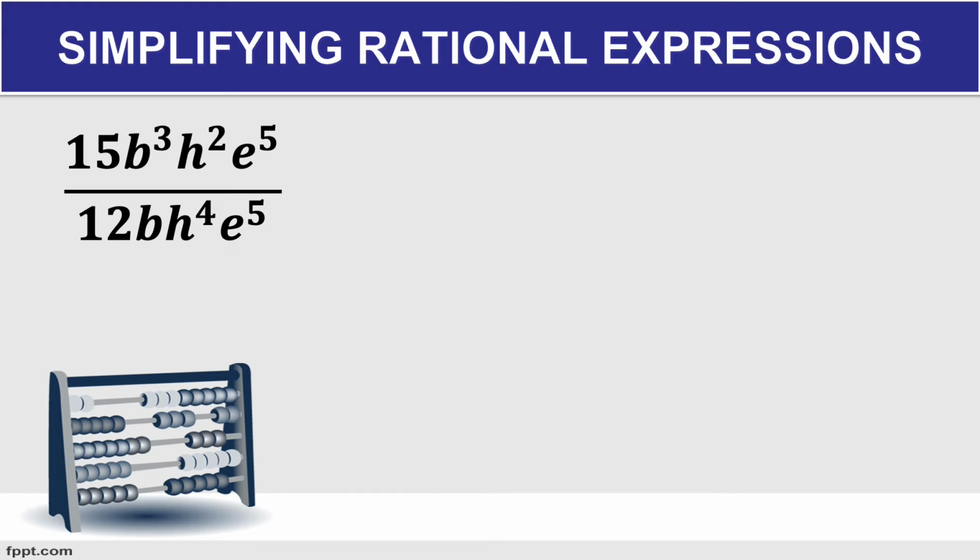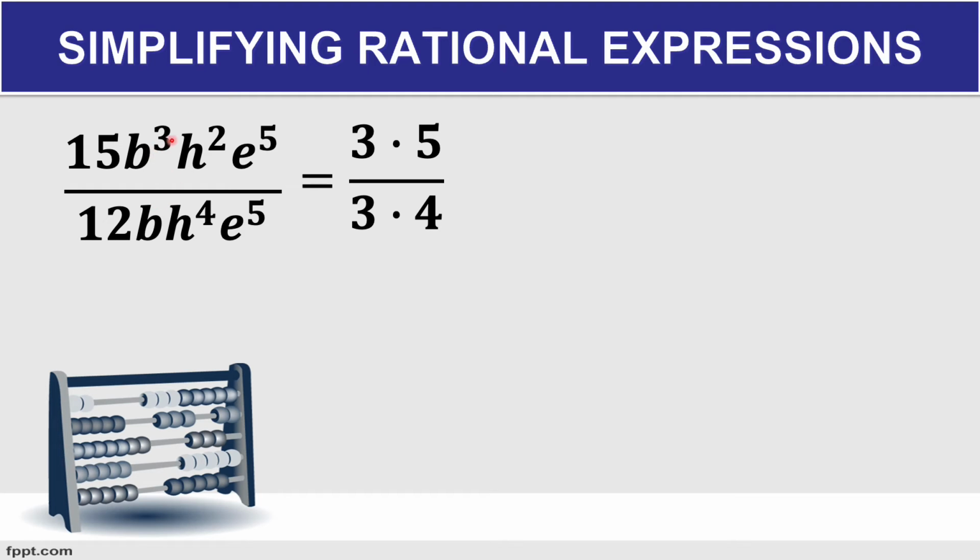So, ang pwede dyan is 3 times 5 or 5 times 3 and 3 times 4 or 4 times 3. Pwede yon. Next. Pagdating sa variable and its exponent, magsusubtract tayo. Since division to, law of exponent ang gagawin natin, magsusubtract tayo.